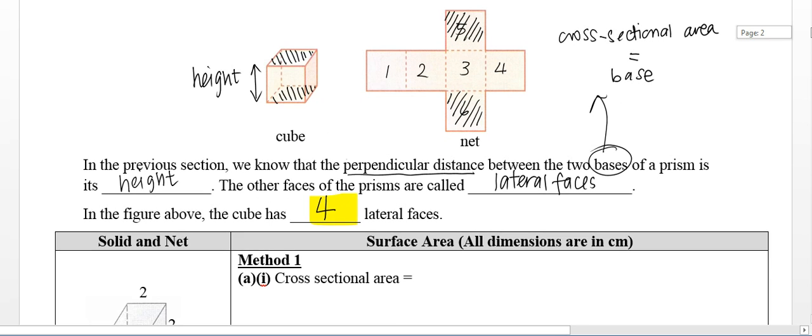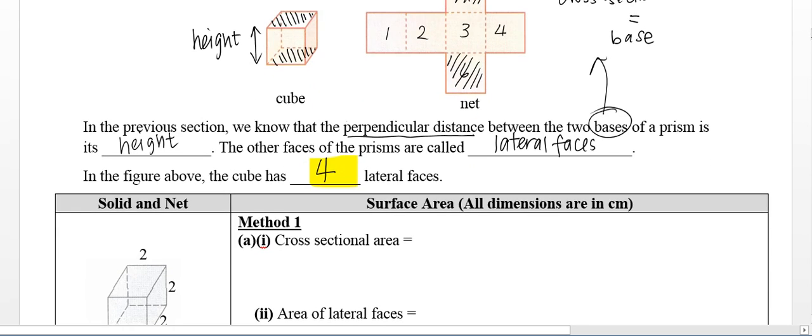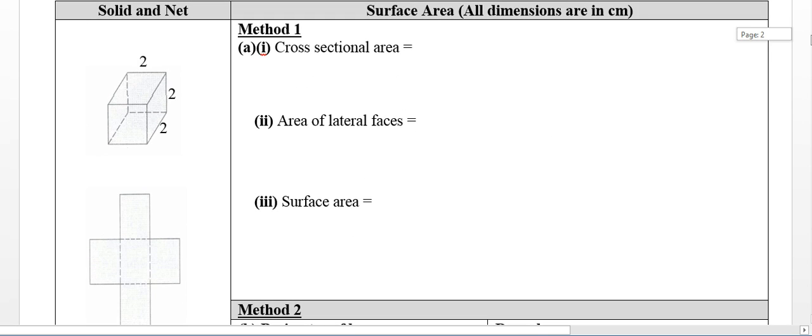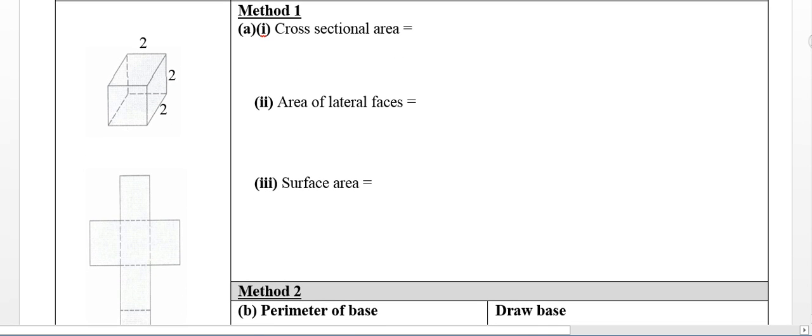Now, if you can remember, the video is to teach you how to find the total surface area of a cube. So the simplest method that we have learned is to add up the area of all 6 surfaces, and we start by looking at its cross-sectional area, which I'm going to identify as this one, as well as its corresponding cross-sectional area at the bottom.